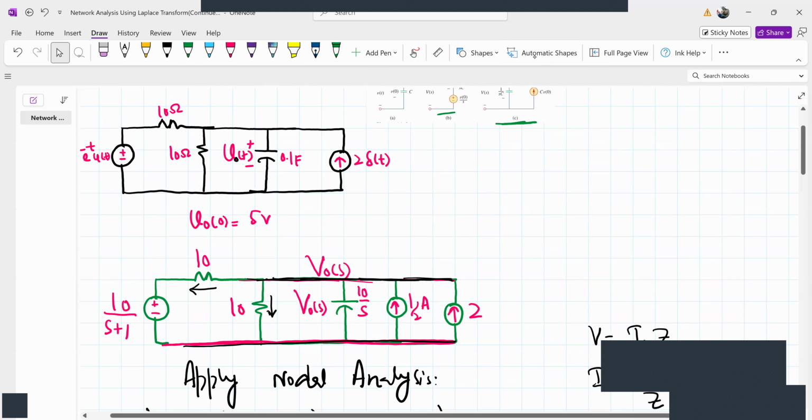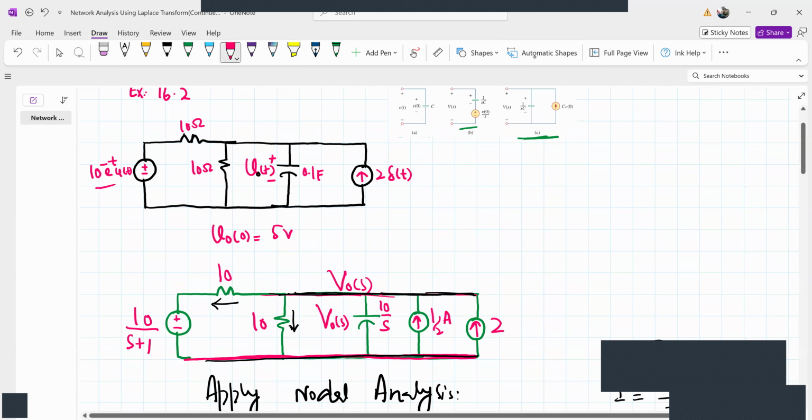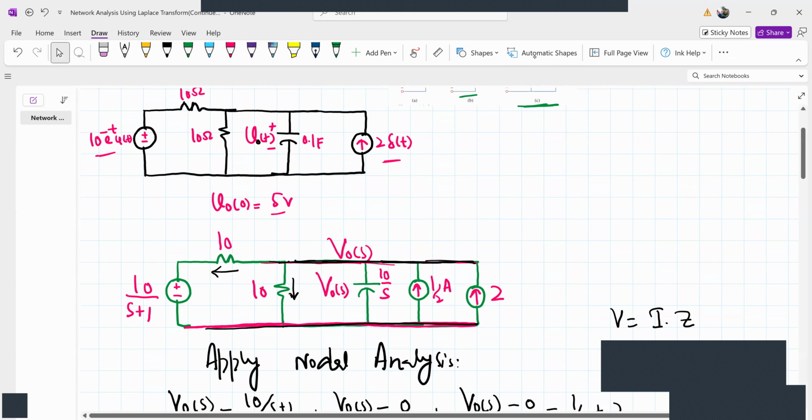So our goal: we are given two sources, a voltage source and a current source, and some initial voltage stored in the capacitor. Our goal was to find the voltage across the capacitor at any time t. So we replaced this circuit by the equivalent Laplace transform model.